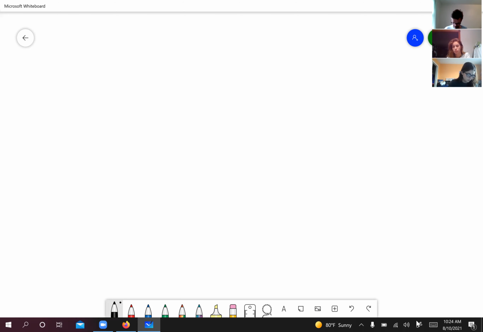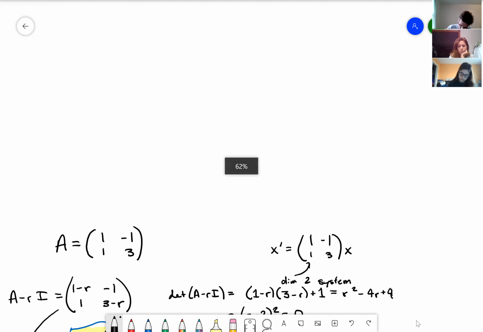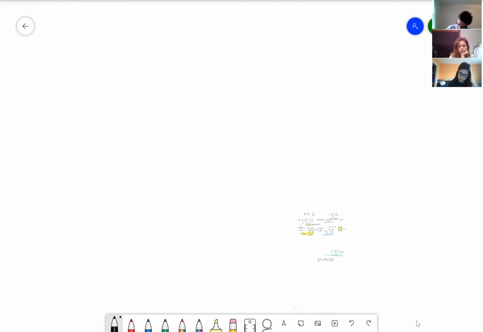Let me make this full screen. What does it say? Find 2 power series solutions of the given differential equation about the ordinary point x equals 0. Okay, so write out the differential equation. Let's start a new canvas.